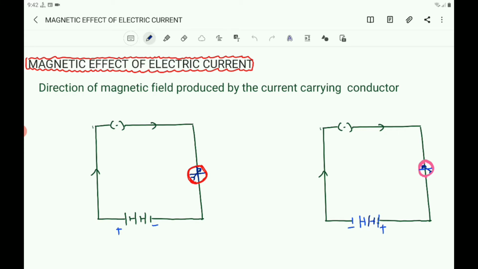You take a long straight copper wire, 2 or 3 cells of 1.5 volt each, and a plug key, and connect all of them in series.